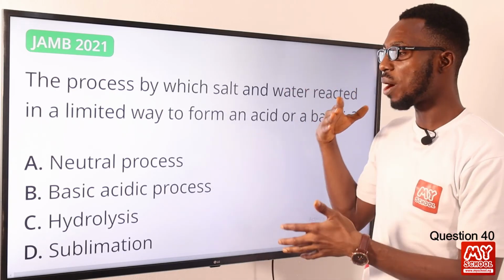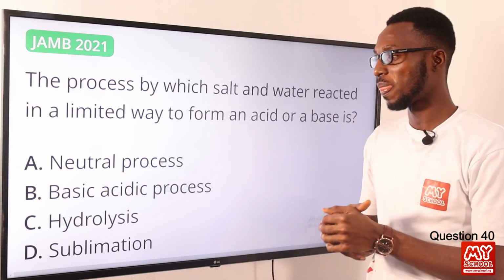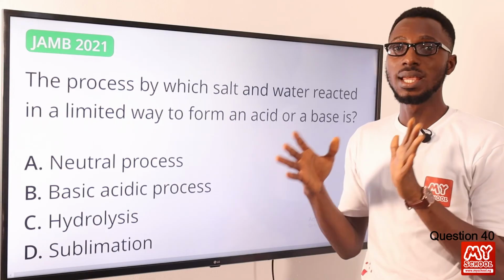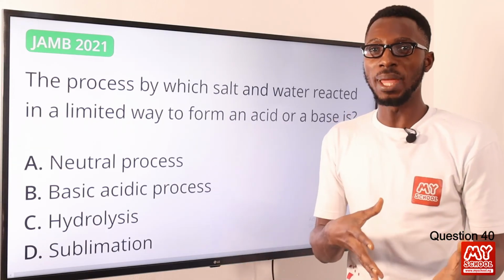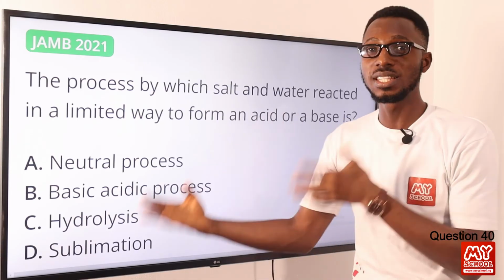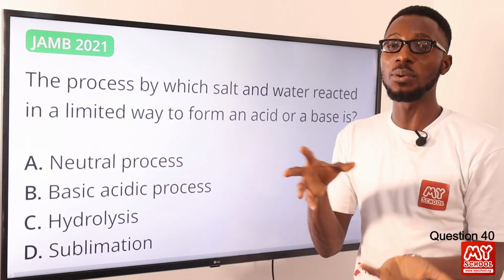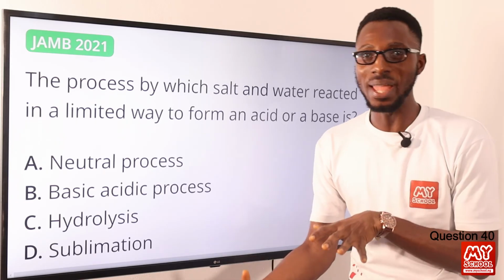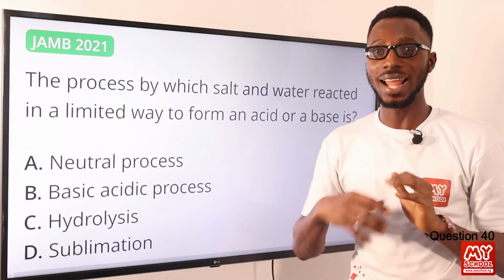If you get an acidic solution from that reaction, it is probably a reaction that occurred between a strong acid and a weak base. So when this hydrolysis occurs, what you will get is an acidic solution. On the flip side, if you have a weak acid and a strong base, when this hydrolysis occurs, you are going to get a basic or alkaline solution.